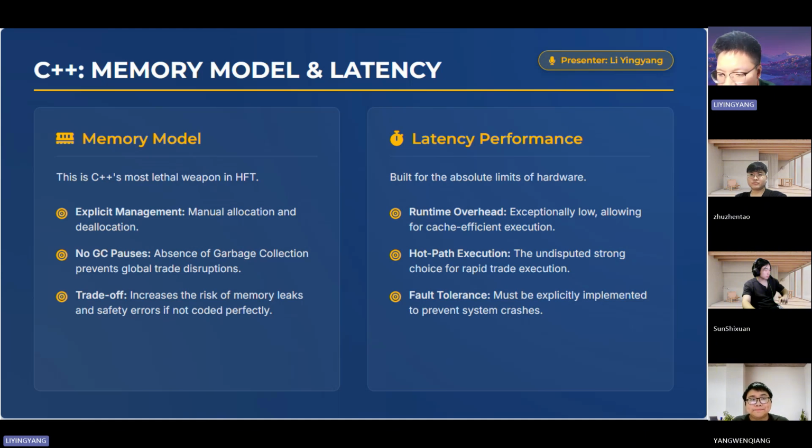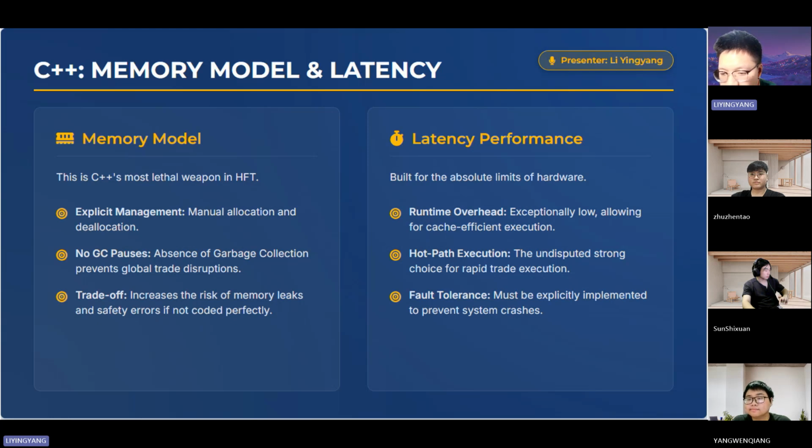It is harder to write and harder to debug. If the programmer makes mistakes, memory leaks or pointer errors may happen. These problems can make the system unstable. Also, C++ does not automatically provide strong fault tolerance.